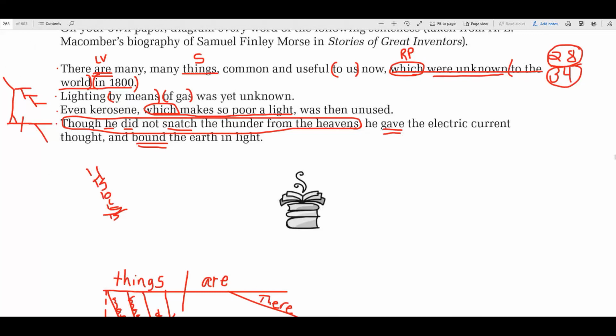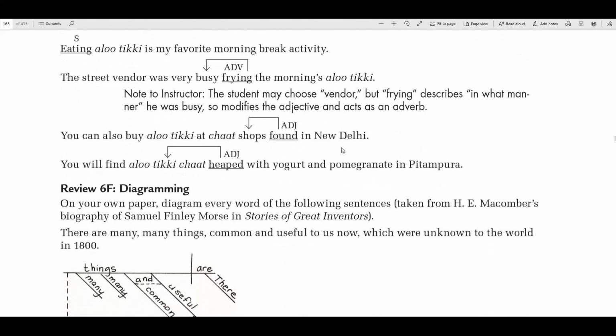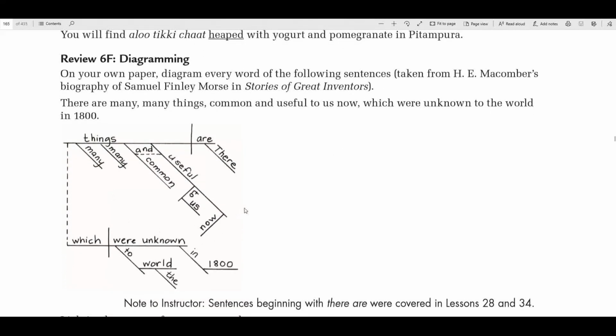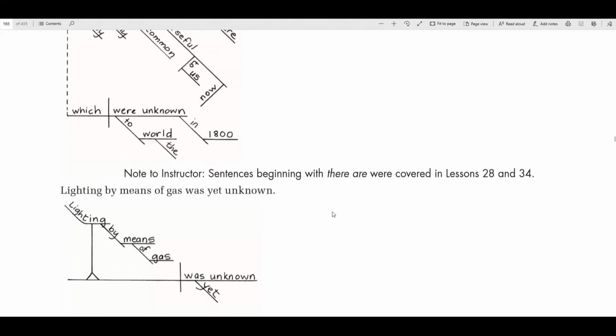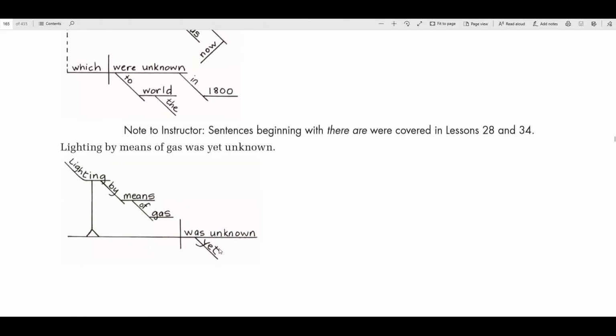Okay, I'm going to hope you have these done. So this one was the one that we did together. I was still kind of confused about these, but I'm pretty sure that they were adjectives of things. This was the one that I showed you how to do. I set it up for you. This is one of those gerunds.